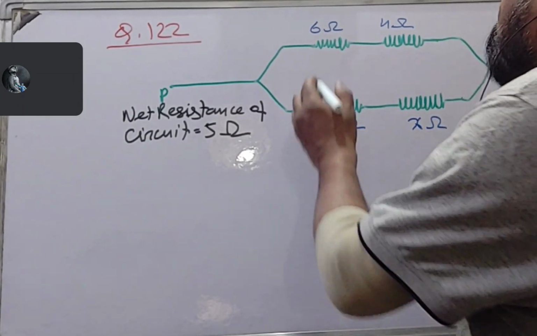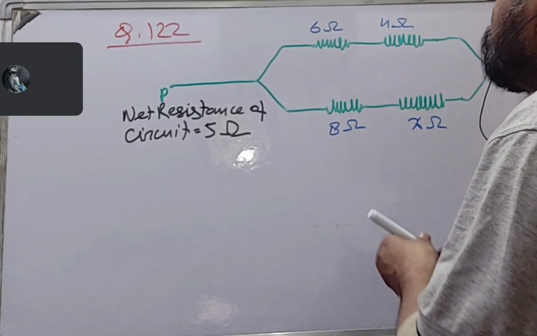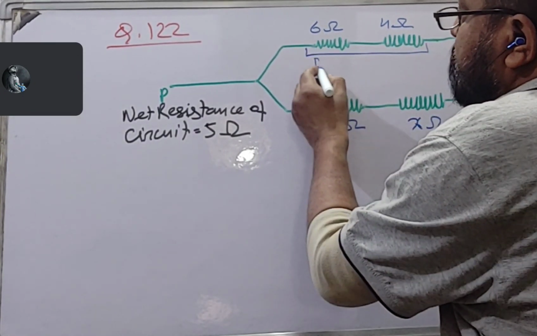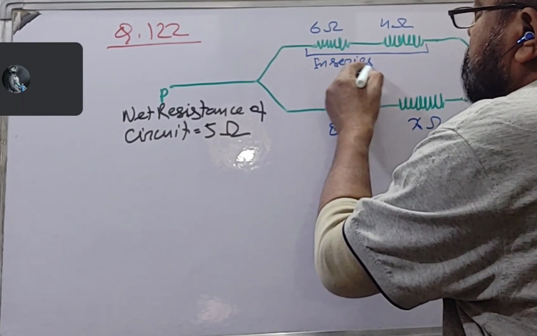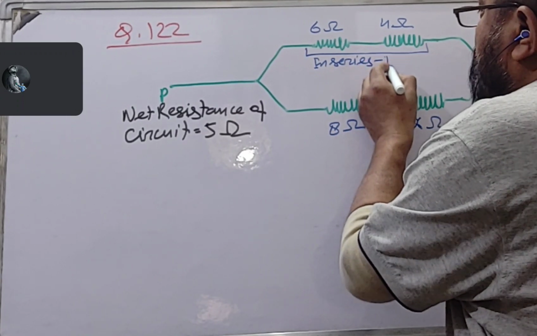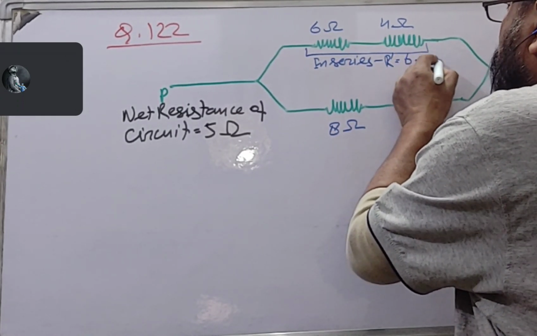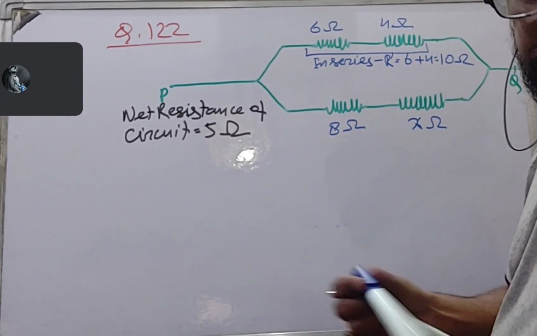So here they are in series. So our net resistance is equal to 6 plus 4 becomes 10 ohm. Right?